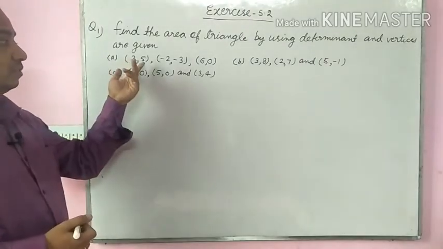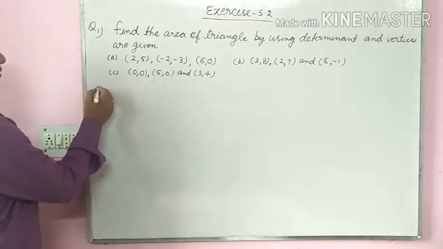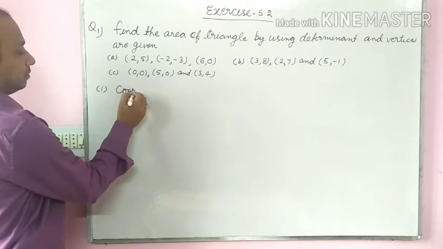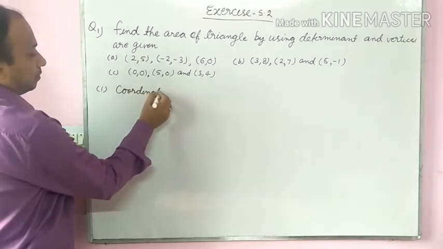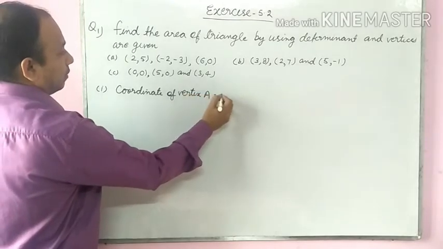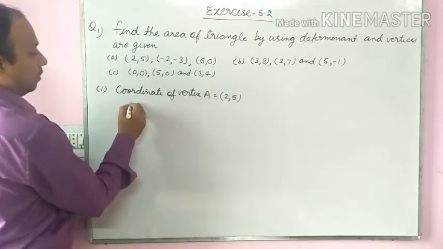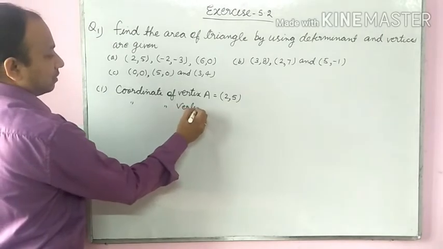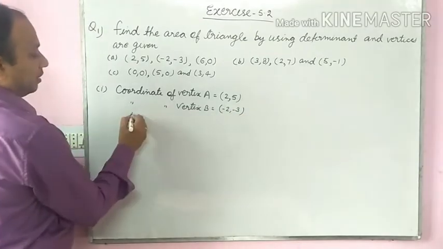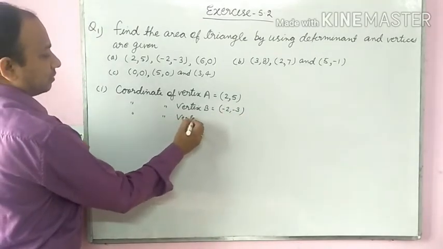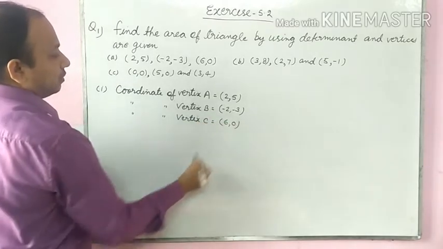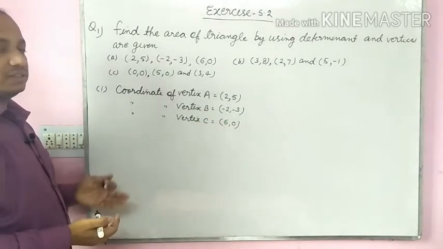Then we solve the first question. The first one is: coordinate of vertex A equals 2 and 5, coordinate of vertex B equals -2 and -3, and the coordinate of vertex C equals 6, 0. All three vertices of triangle ABC are given.